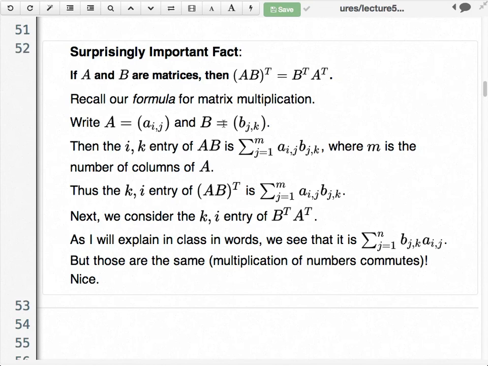What is the ij entry of B transpose, assuming that the entries of B are little b sub ij? Ji. That's right, b sub ji. What is the j comma k entry of A transpose? Right, a sub kj.